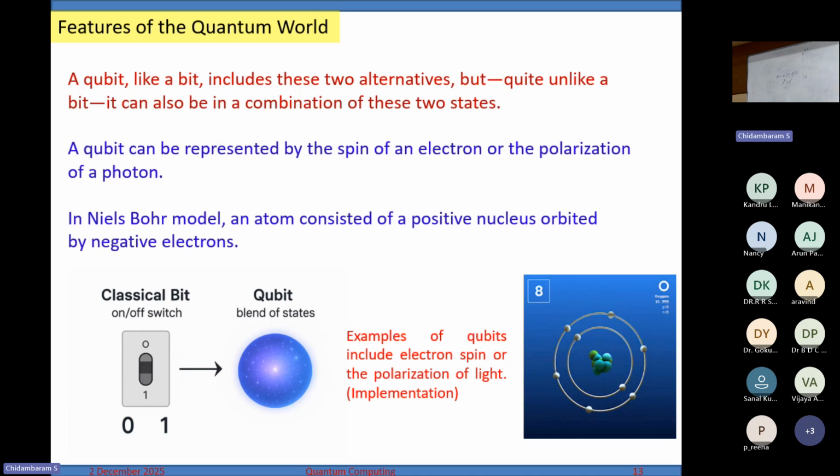So how can you represent a qubit? By a spin of an electron or polarization of a photon, right? Sir was telling in the morning about how to physically realize such qubits. There are technologies implementing the spin of an electron or the polarization of a photon.